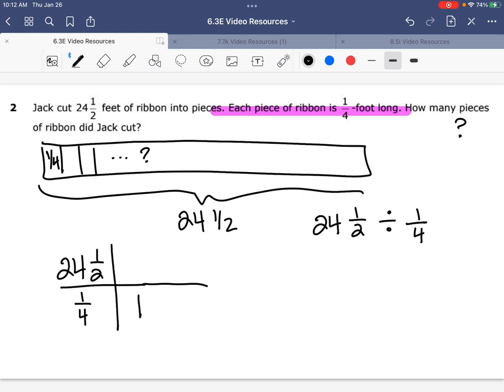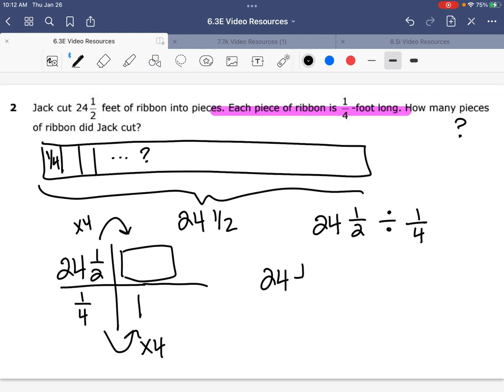So I know that it takes 4/4 to get to one whole. So it will take 4 groups of 24.5 to find how many pieces I have cut.